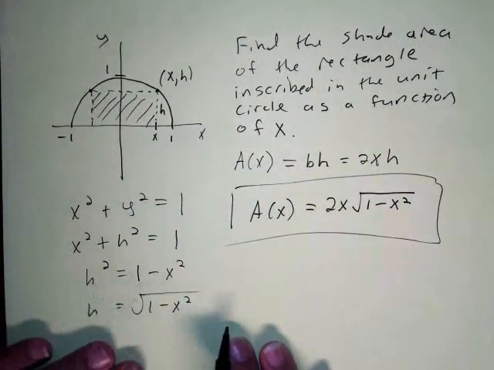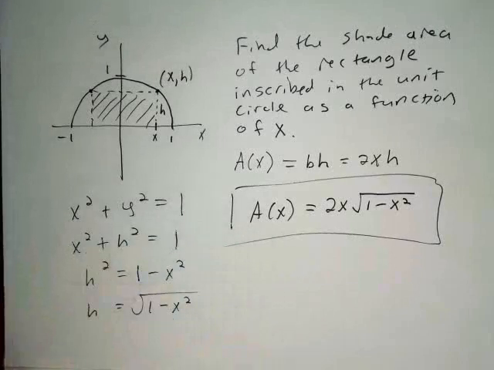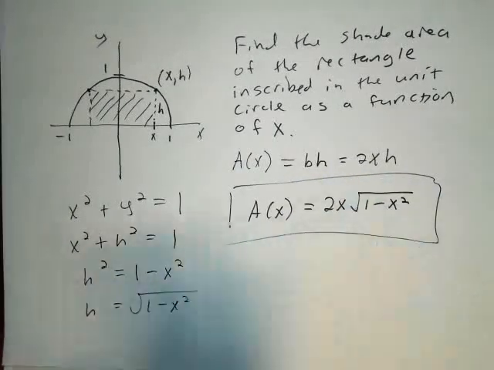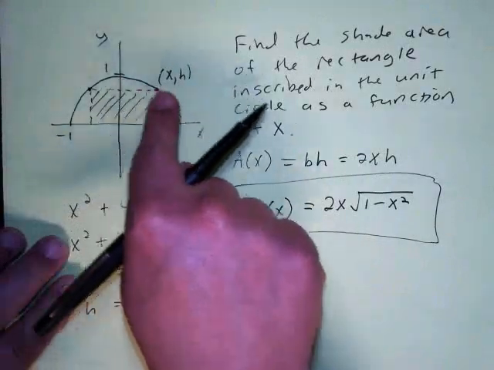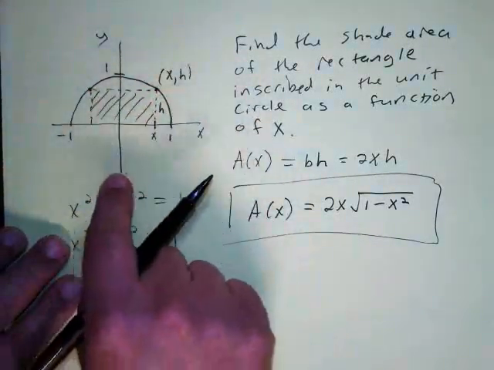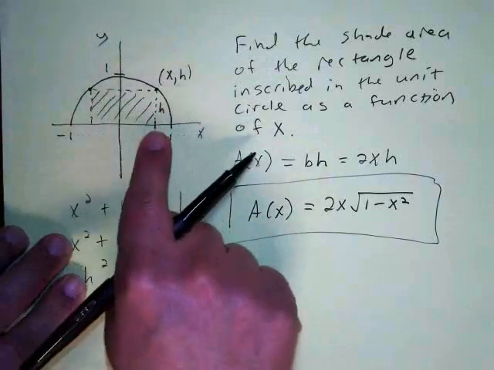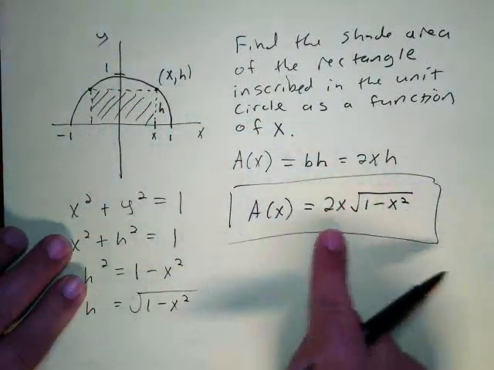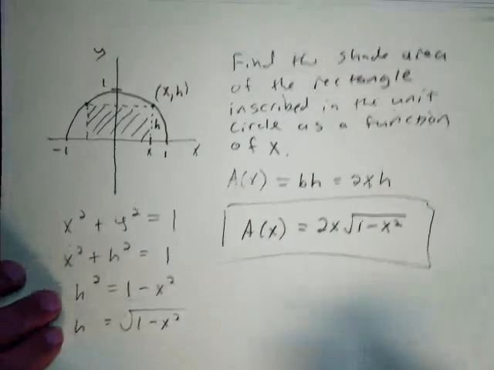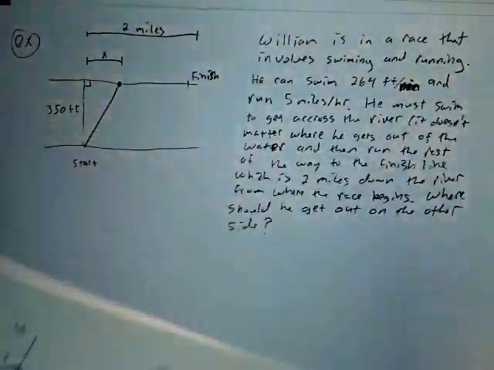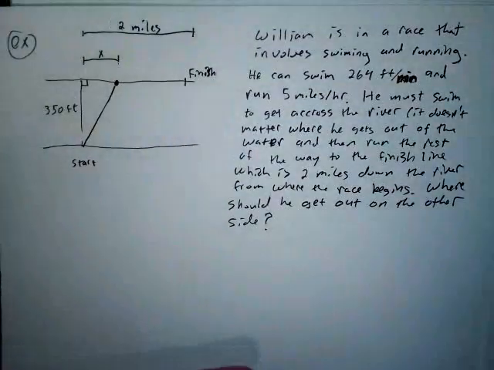So going through h there, I don't know if that made it a little more confusing, but this wasn't so bad. But this is an interesting problem. So if you inscribe a rectangle here in this semicircle in this way, this is actually the formula of the area of that semicircle. Okay?